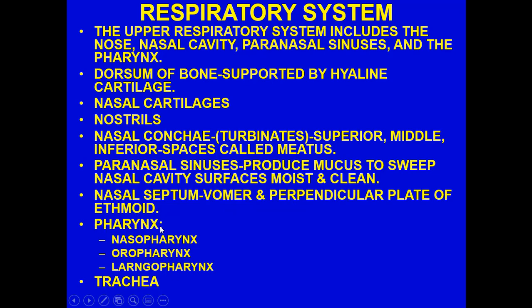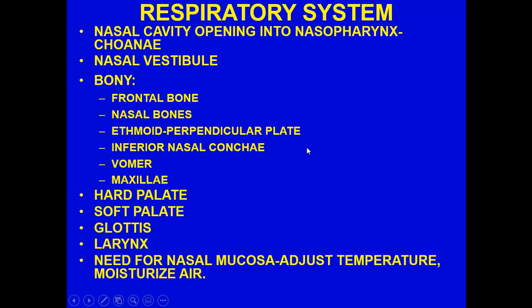Then we have, of course, the pharynx, which is divided into the nasopharynx, oropharynx, and laryngopharynx, and then the trachea. Now, the nasal cavity is the opening into the nasopharynx, the choana.